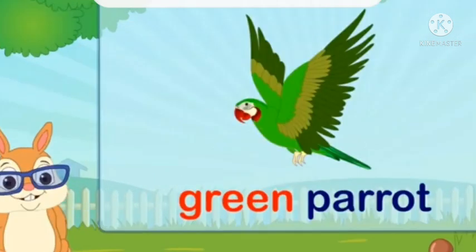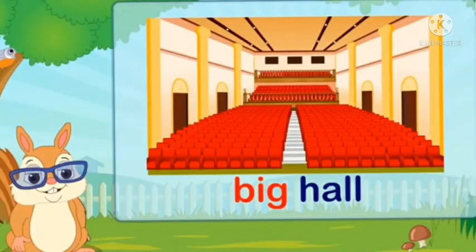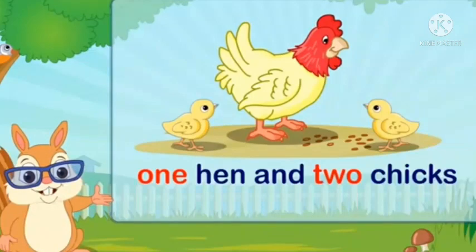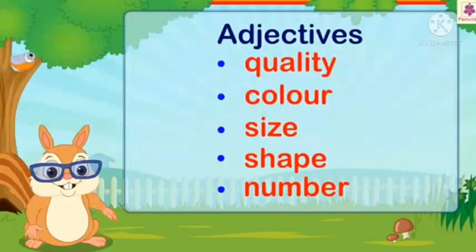Smart boy, green parrot, big hall, round ball, one hen and two chicks. So adjectives describe quality, color, size, shape and number.